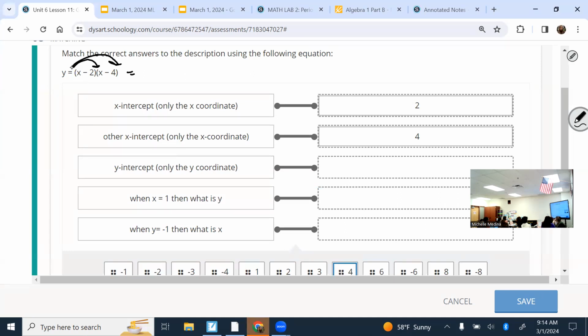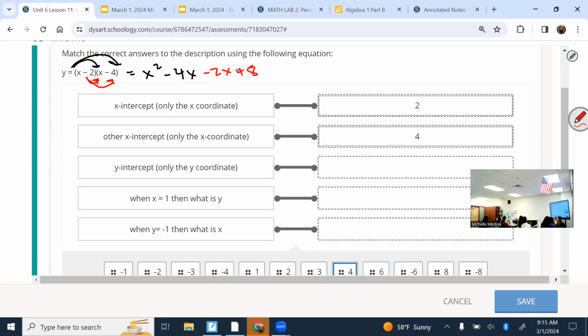So if we distribute, we do x times x, x times -4, and then we distribute this term, -2 times x, and -2 times -4.